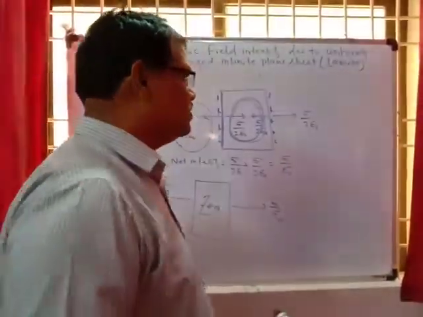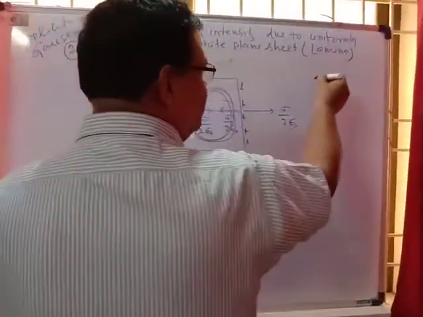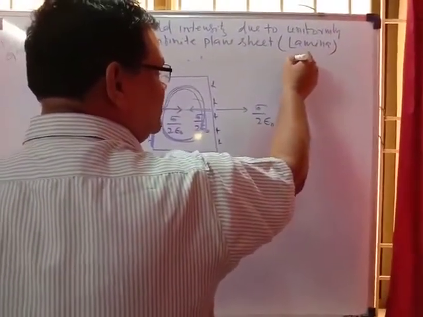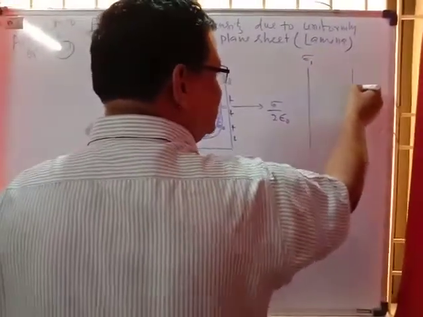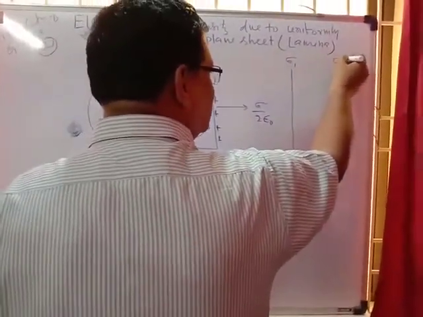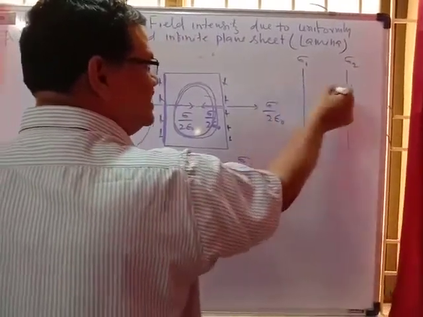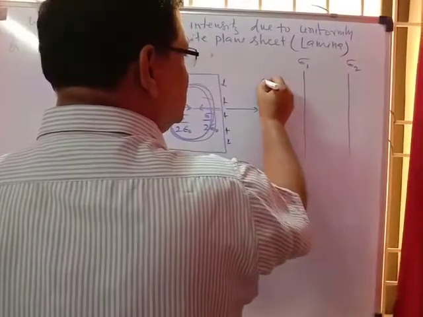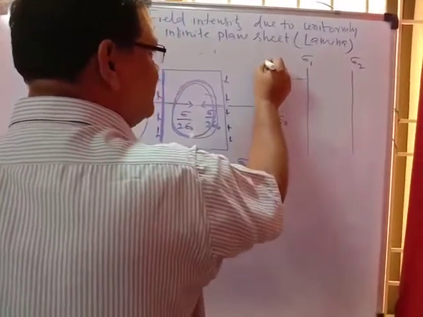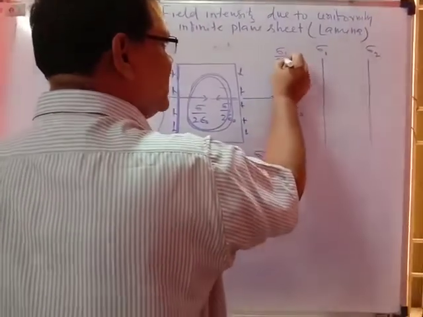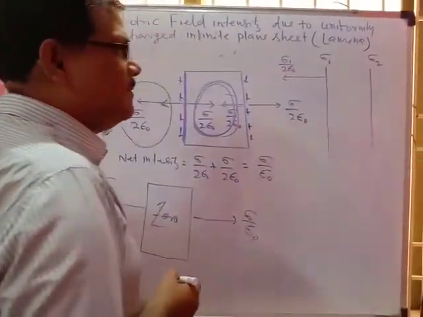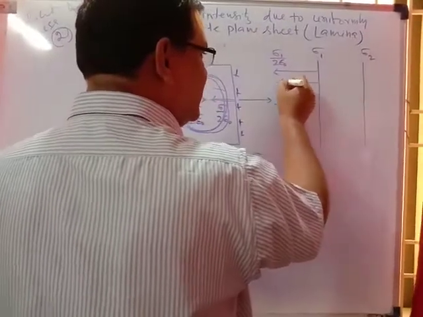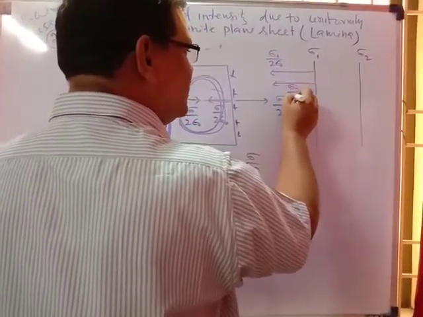In the same manner, suppose there are two different metal sheets, one with surface charge density sigma 1 and another with surface charge density sigma 2. What will be the electric field intensity in this portion, this portion, and this portion? In this case, due to this sheet you get sigma 1 upon 2 epsilon naught. Clear? And due to the other metal sheet, directed along this way, you get sigma 2 upon 2 epsilon naught.